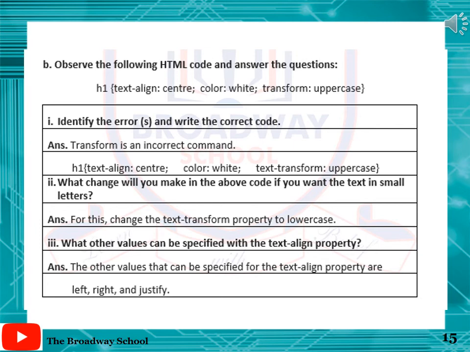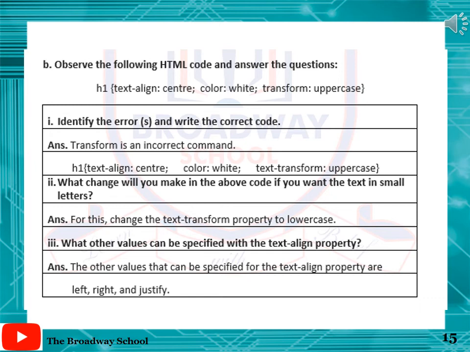Second question. Observe the following HTML code and answer the following questions. H1, text align center, color white, transform uppercase. Identify the error or errors and write the correct code. Here we have transform is an incorrect command. Correct code is H1, text align center, semicolon, color white, and semicolon, text transform uppercase.